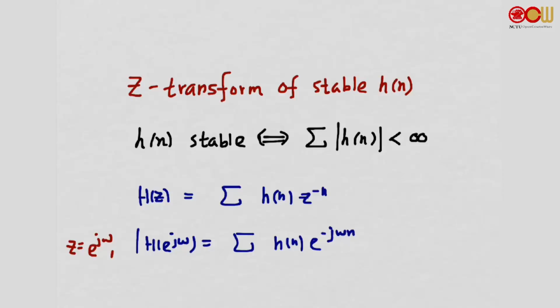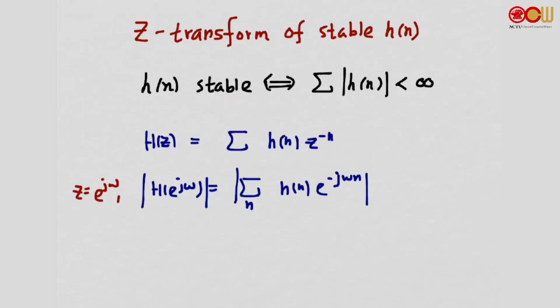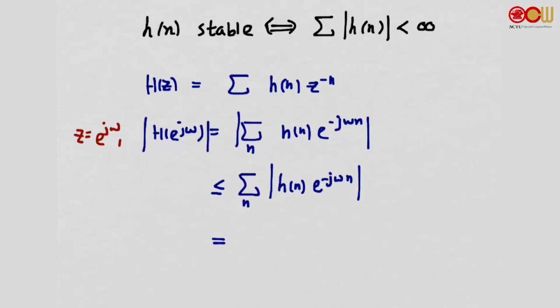If you take the absolute value on both sides, this is what we get. We know the absolute value of a sum is less than or equal to the sum of absolute values. And each e^{-j omega n} has unit magnitude, so this is what we get, and that is the sum of the absolute values of h[n].